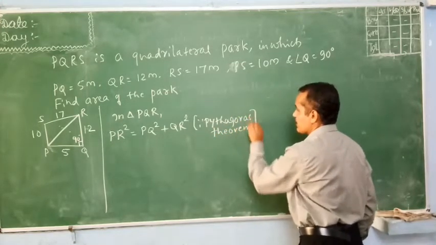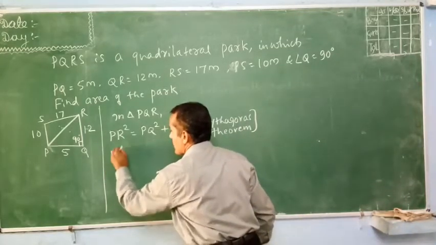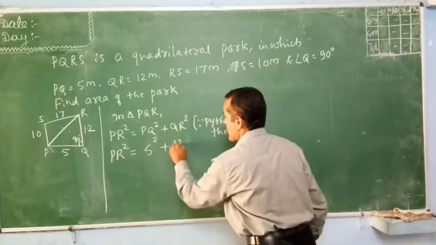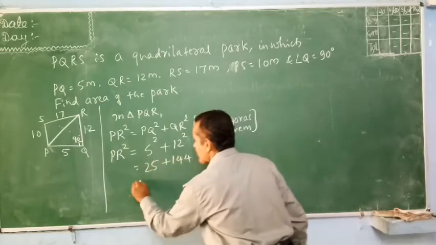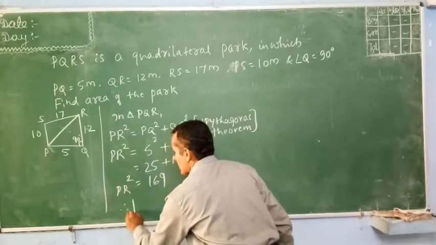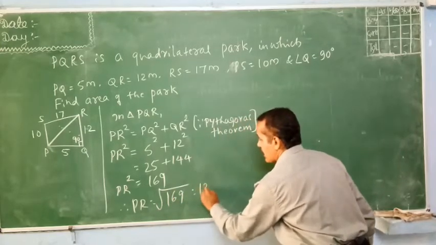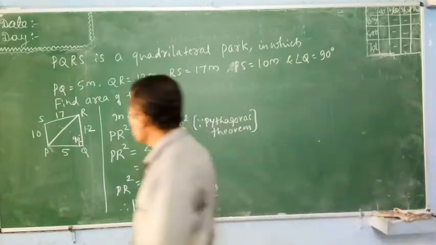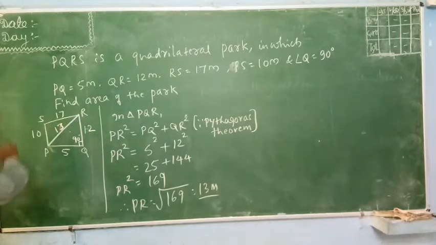PR square is equal to 5 square plus 12 square, which is 25 plus 144, equal to 169. Therefore, PR is equal to square root of 169. The answer is 13 meters. With this, I found the diagonal as 13 meters.